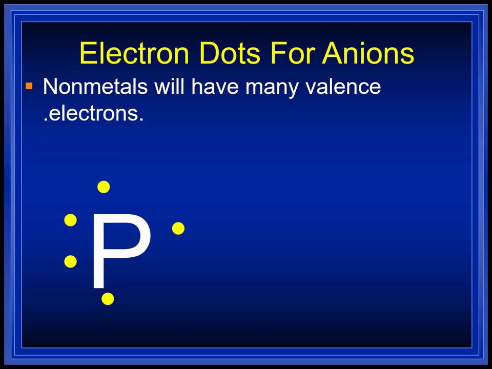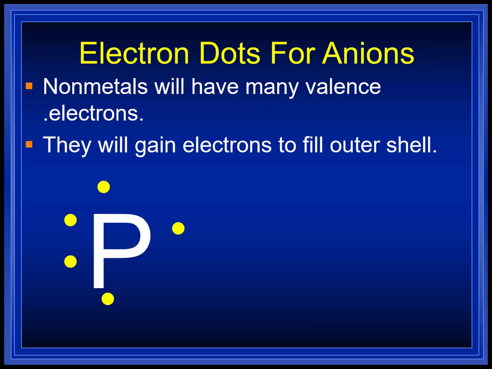Again, nonmetals will have lots of valence electrons. So I picked phosphorus. Earlier we'd said phosphorus had 5 dots, right? There's the 5 dots, 1 pair, 3 unpaired.